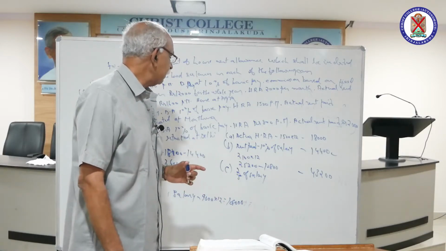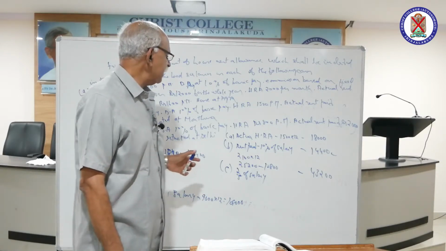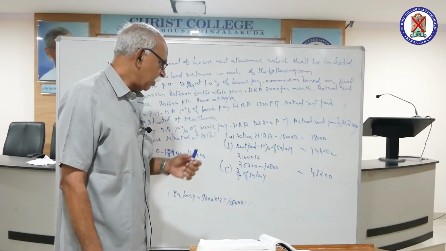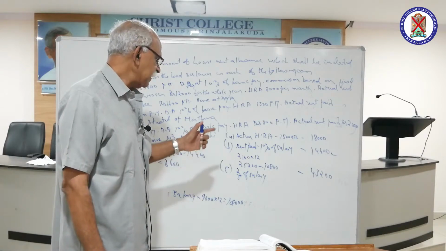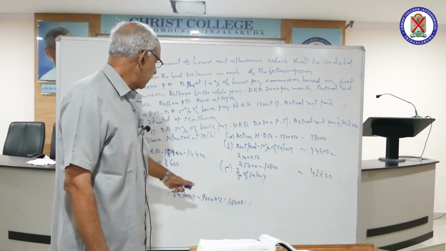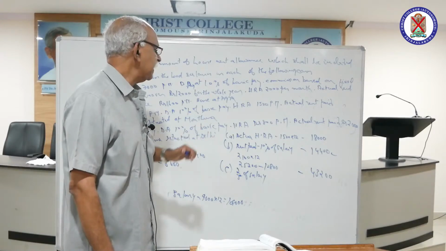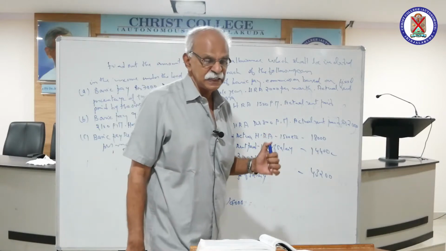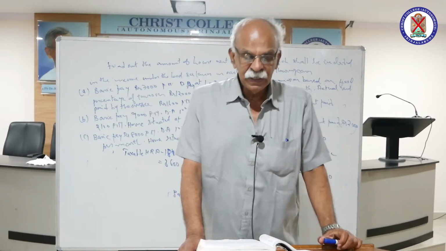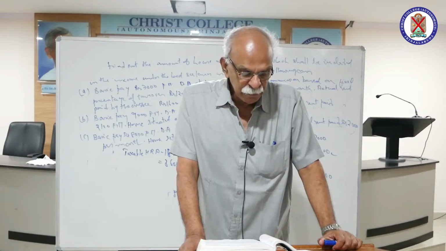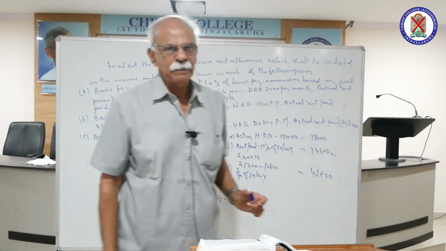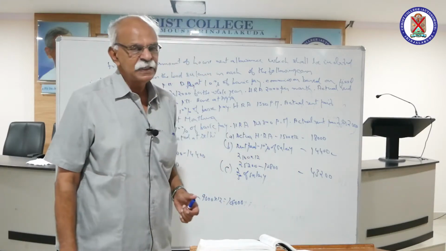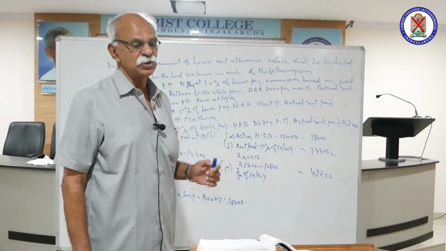Rent paid 25,200 minus 10% of salary, 10,800, comes to 14,400. Then 2/5 of salary is 43,200. The least one is 14,400, and that shall be deducted from HRA. 18,000 minus 14,400, so taxable HRA will be 3,600.